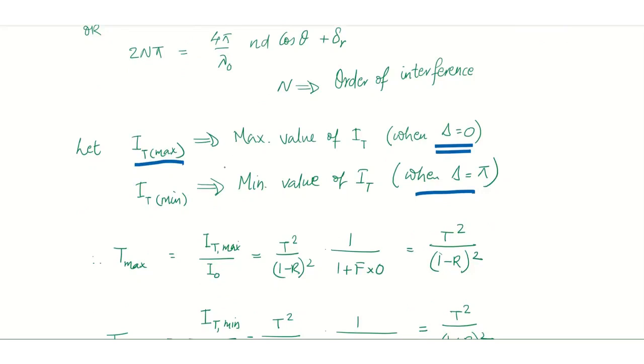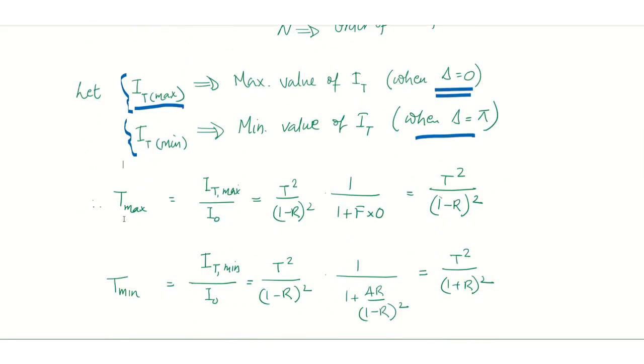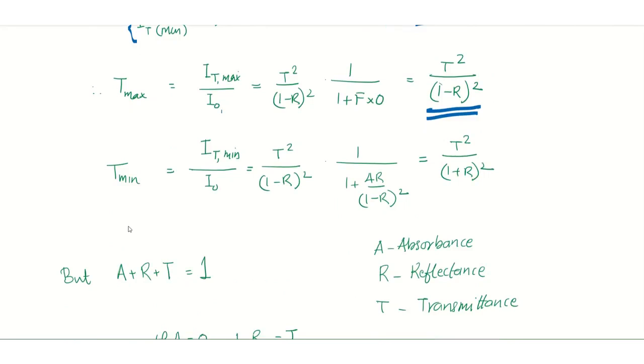If you represent the quantities as IT max, the maximum value, and IT min, the minimum value, then the maximum transmission T max will be IT max by I0, and that is given by T square over 1 minus R square, and the minimum transmission will be T square divided by 1 plus R square. Okay, here it is 1 minus, this is 1 plus, that's the difference.